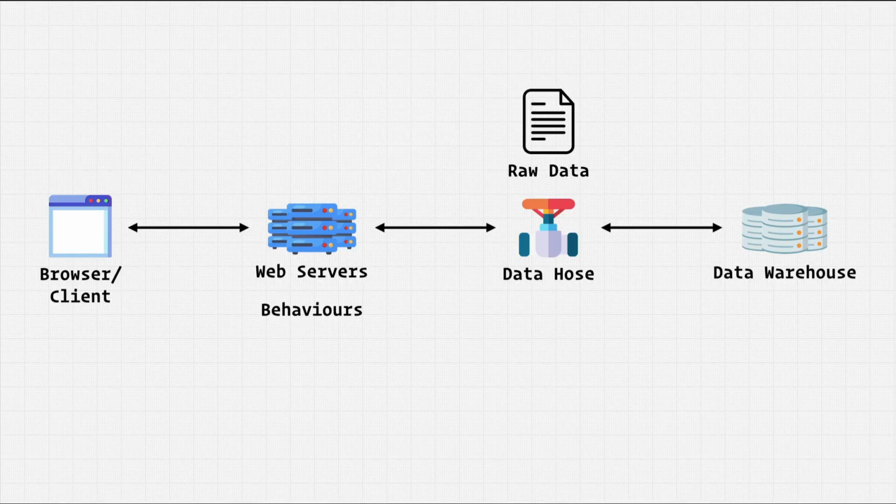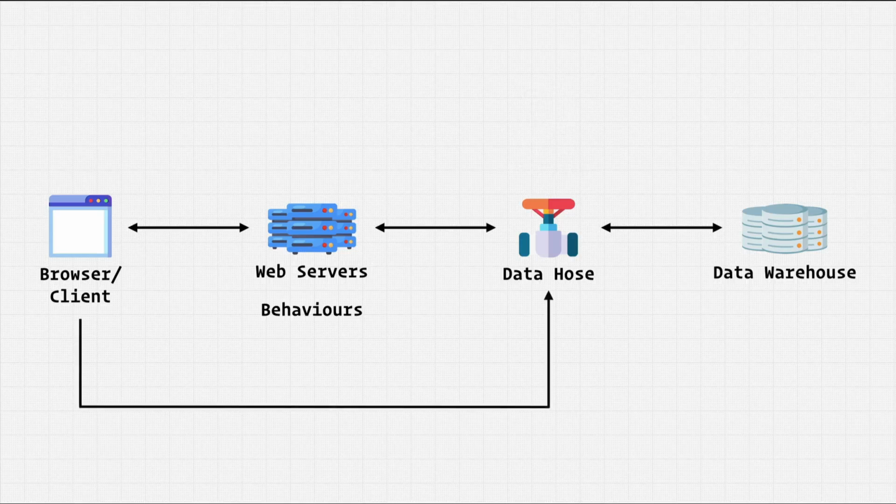Now, we can do this through the web server, or we can do this directly from the browser client. I'm showing you this line cutting through because depending on where you host your data hose, you may be able to expose it publicly. Chances are it's also going to go through web servers, or it might go through some other entry point inside your system. But the key thing here is that you can also capture user behavior directly in the application. It doesn't always have to be fired through the web server.